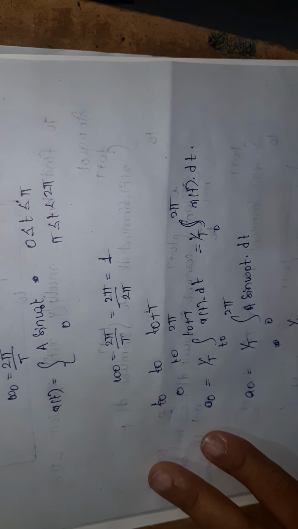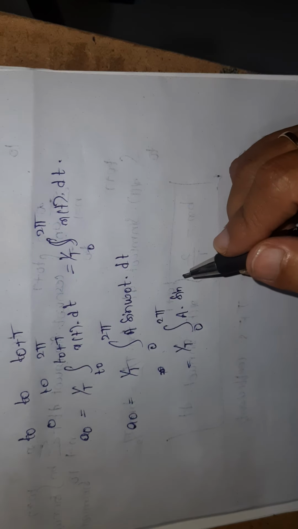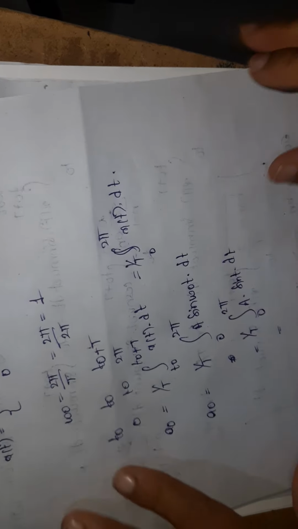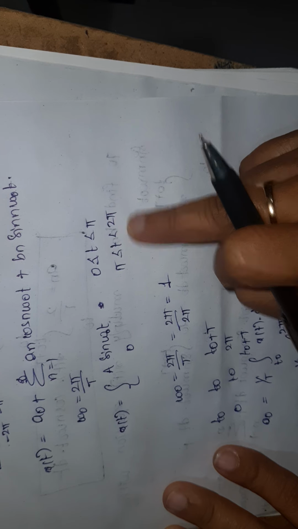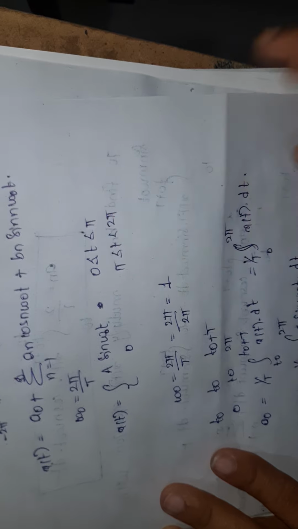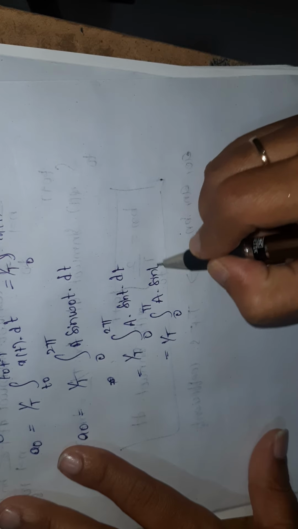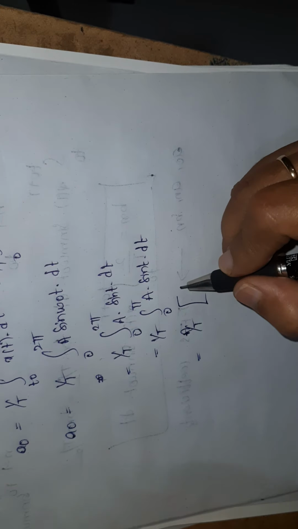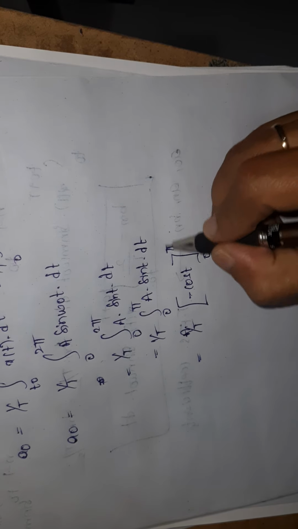So 1 by T integration 0 to 2 pi of a sin t dt. But we know that the function exists only between 0 to pi, and between pi to 2 pi it is always 0, so we can take the integration only from 0 to pi. So 1 by T integration 0 to pi a sin t dt. The integration of sin t is minus cos t, from 0 to pi.